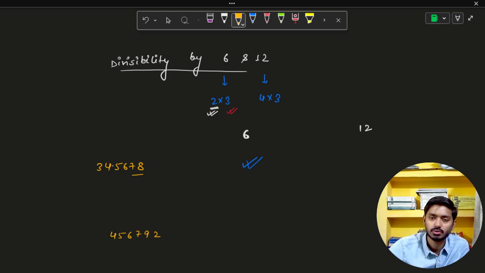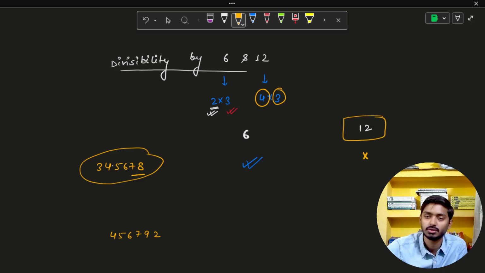Is the last two digits divisible by 4? Well, I guess not. So it won't be divisible by 4. I mean 12, sorry. Since 12 comes from 4 times 3, and since the last two digits are not divisible by 4, we'll say the entire number is not divisible by 12.